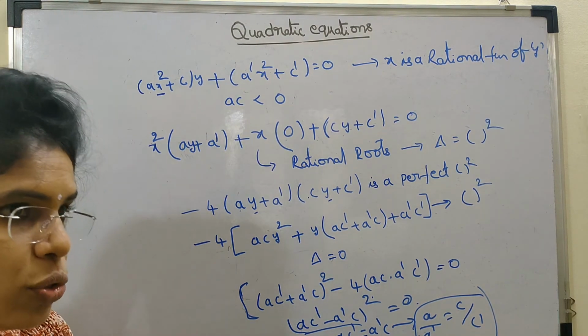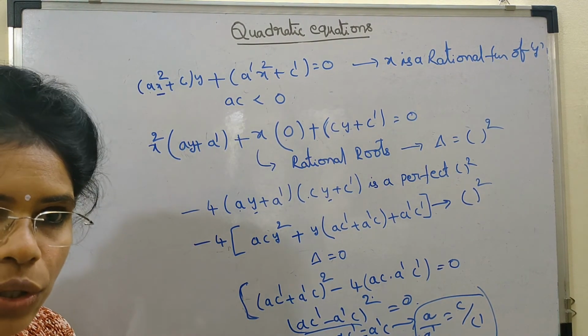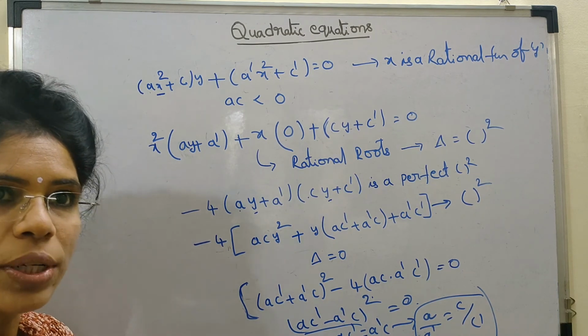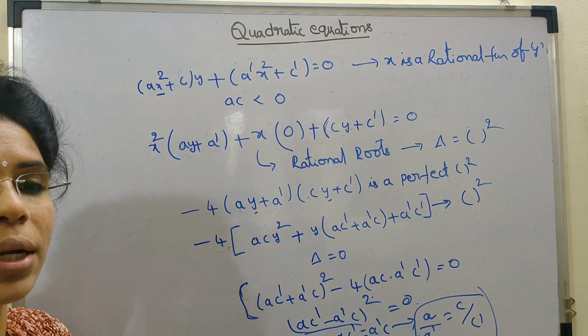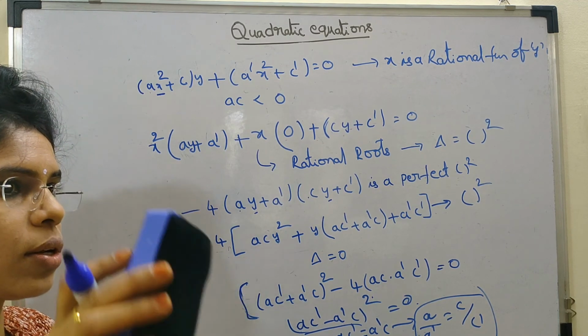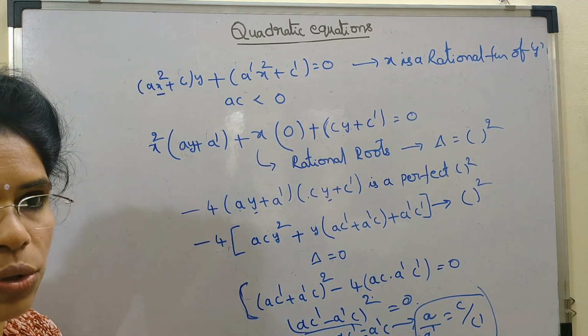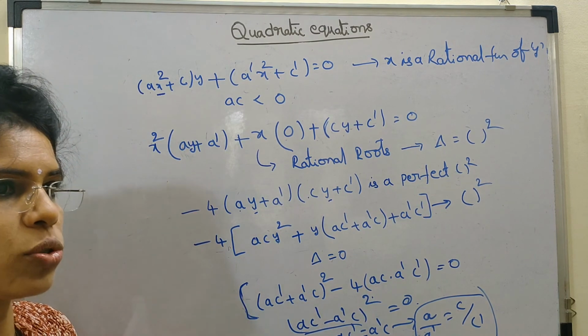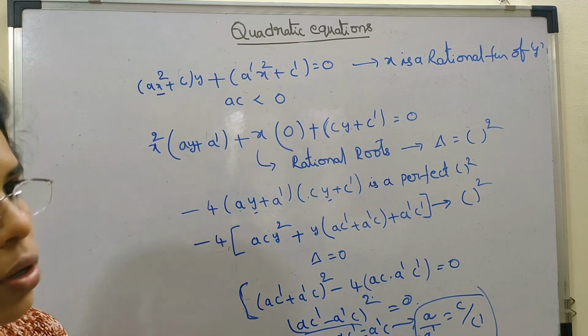So what did you learn till now? Expression is a perfect square if the discriminant is equal to 0. If the quadratic equation has rational roots, then the discriminant is a perfect square. If the discriminant is a perfect square, then the quadratic equation has rational roots. If the quadratic expression is a perfect square, then the discriminant is equal to 0.